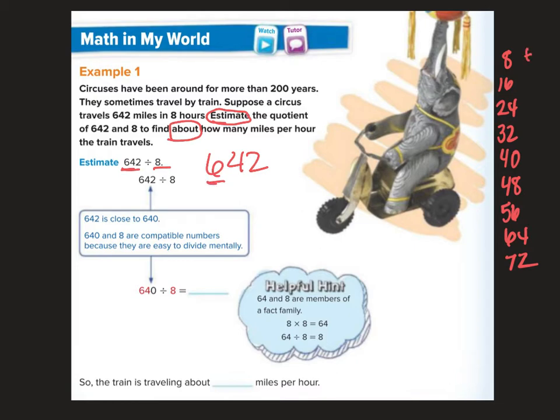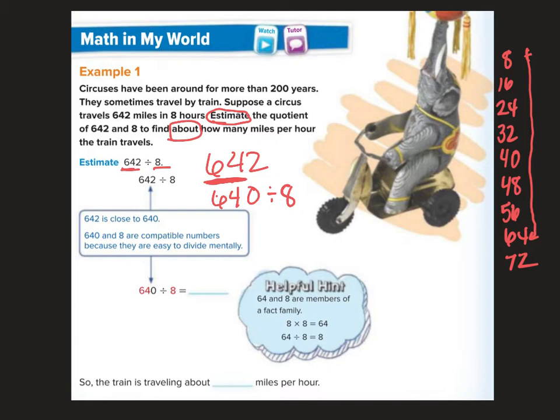So I'm going to go over to the next place value, 64. Let's look. What's closest to 64? Wait a second, 64 is close to 64. So I'm going to keep 64 and change the 2 to a 0, because this looks exactly like what we were practicing yesterday.